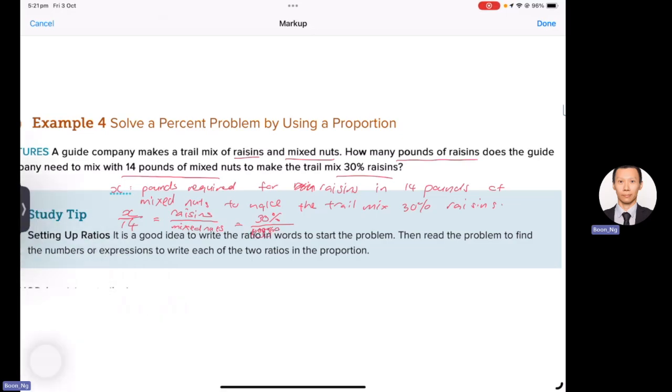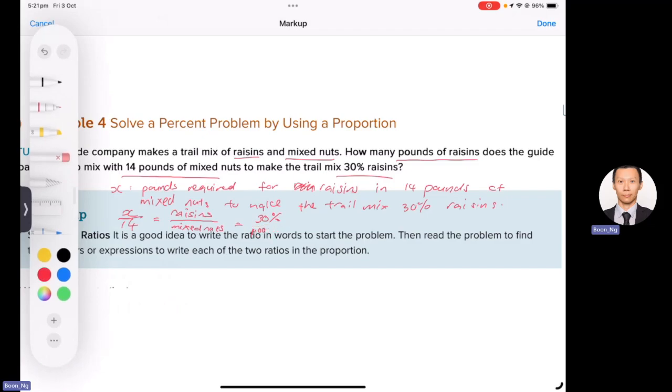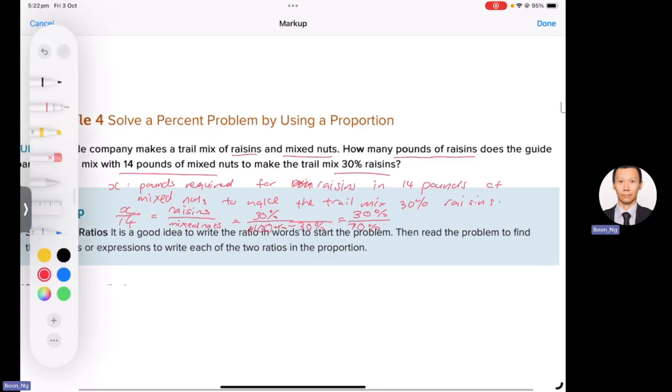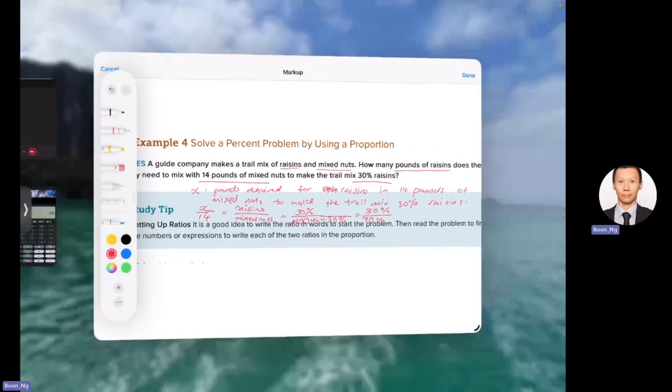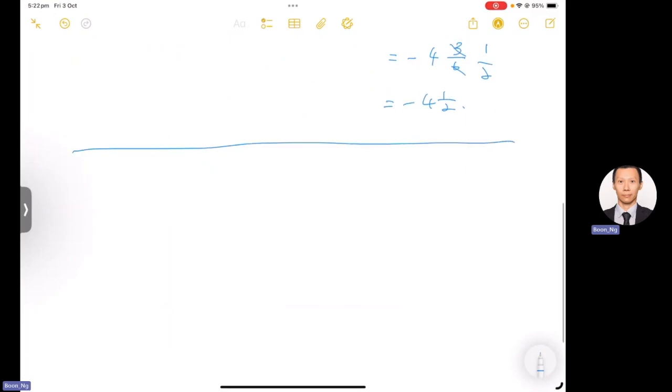Let me rewrite it. I can't really see it. 100% minus 30%, so it will be 30% over 70%.